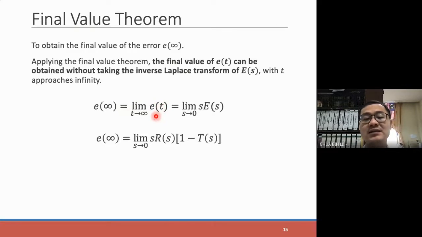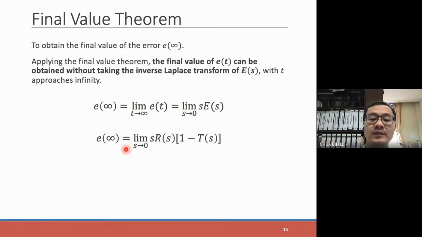When we take this in the Laplace transform form, we take the limit as s approaches 0, and e(t) becomes sE(s). This is the limit, or the final value theorem, for a Laplace transform.